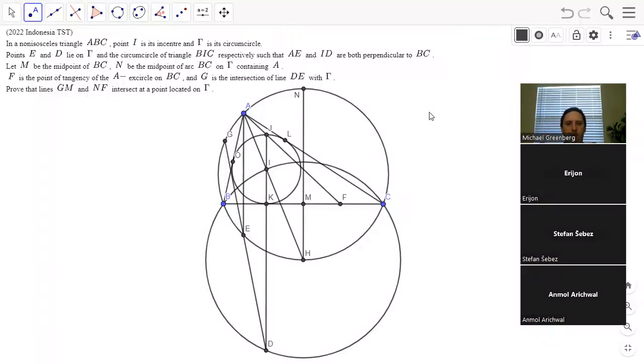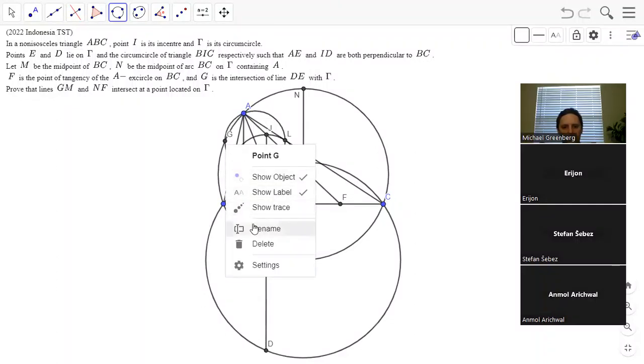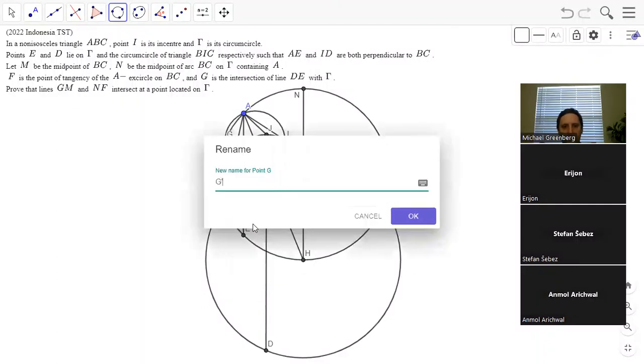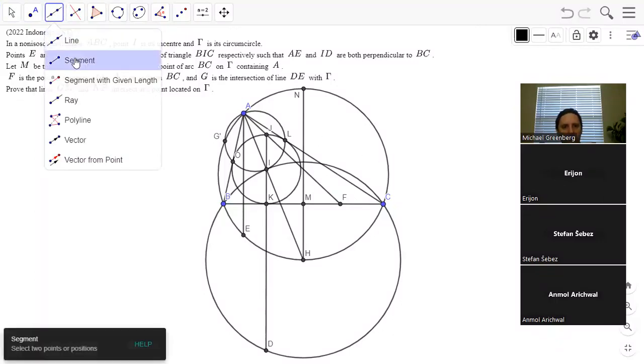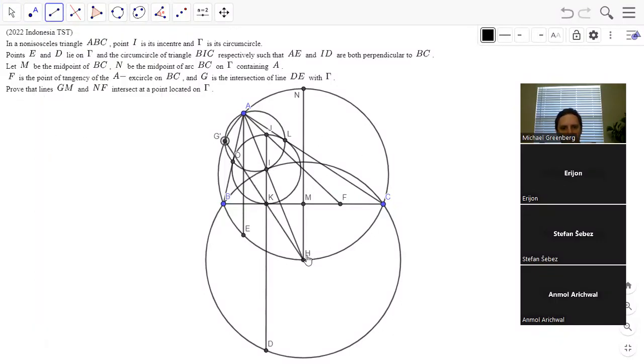That's one way to do it. Maybe we should use the fact that G prime K and AE intersect on the circle.